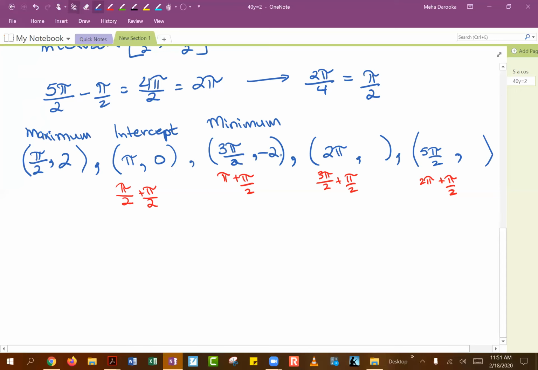Because if the amplitude of the function is 2, that means your highest value, you can go as far high on the y-axis is 2, and as far low as -2. So what's our next point now? Intercept. Which again means y is going to be 0, and the last point. Yeah, maximum and +2. Very good.